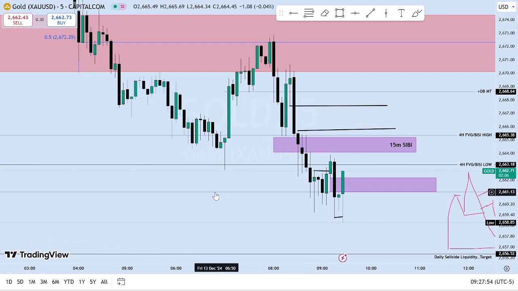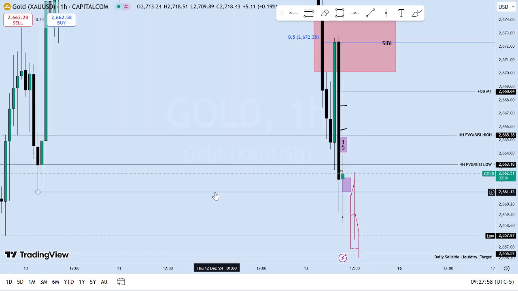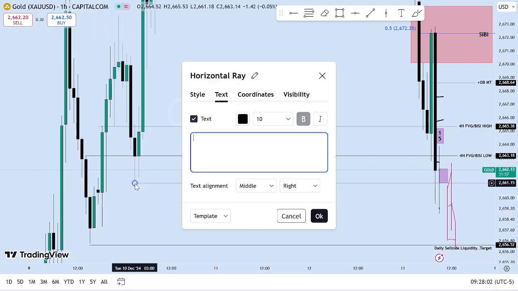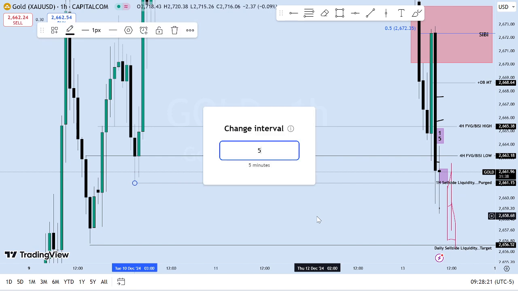We took out a sell side liquidity here, a minor sell side liquidity. This is a 1 hour sell side liquidity, and price is taking it.